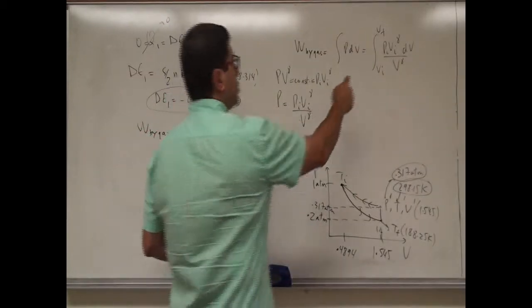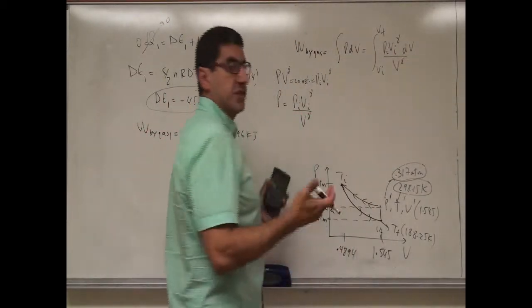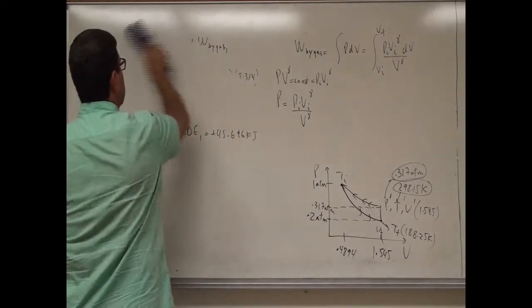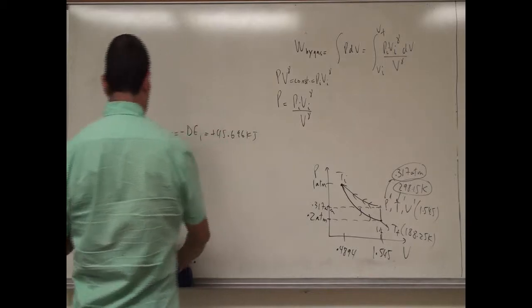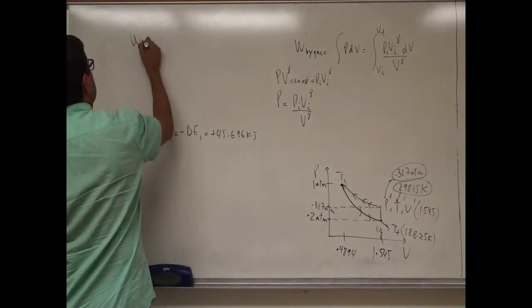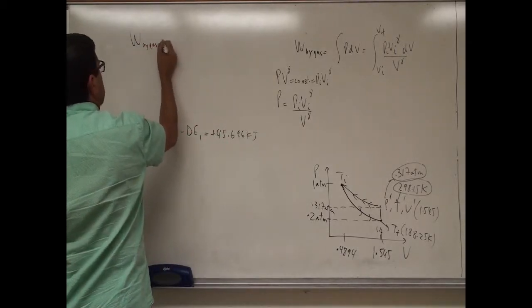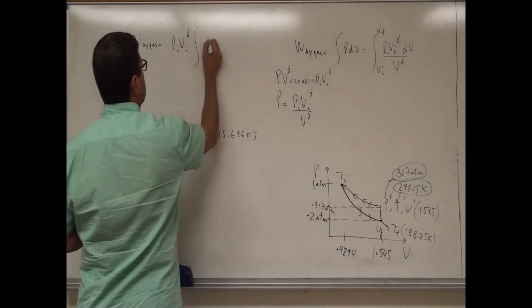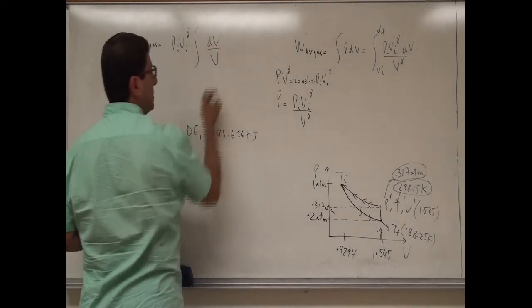The P initial and the V initial are just constants, so we can pull them out of the integral. So work by the gas is going to be P initial, V initial to the gamma, times the integral of dV over V to the gamma.